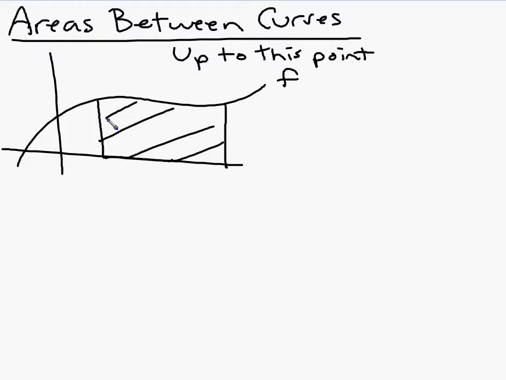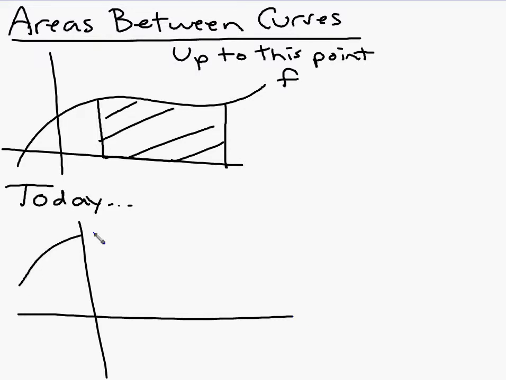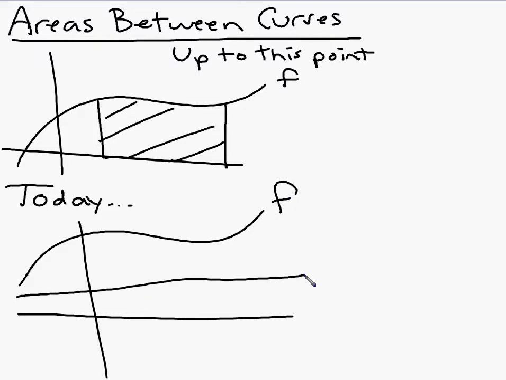Well, if you notice the title of today's lecture, it says areas between curves. So today, we're going to have a function f up here and a function g down here, and we're going to calculate the area between them, which is not hard.